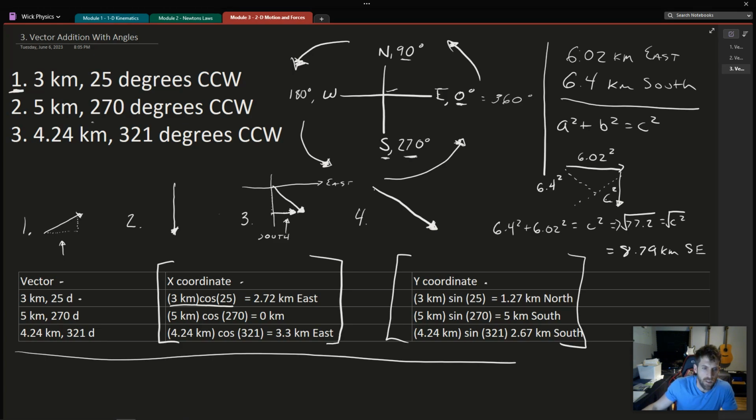an inverse tan utilizing our 6.4 and our 6.02. So we're going to go back to this area over here, and we have our 6.4 and our 6.02 here.